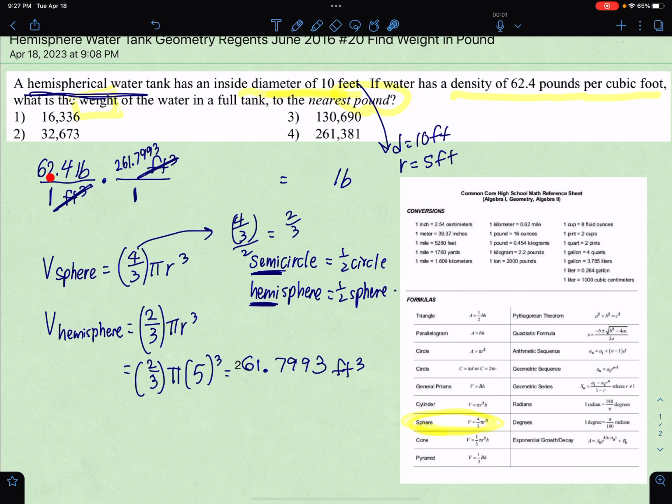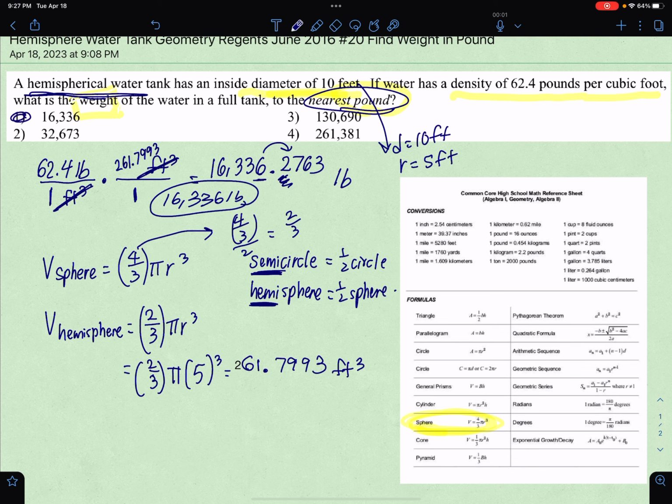I'm going to put 62.4 times 261.7993, and I get 16,336.2763 pounds. Now the question says round it to the nearest pound, and so that would be the whole number, and so it's 16,336 pounds, which is choice 1.